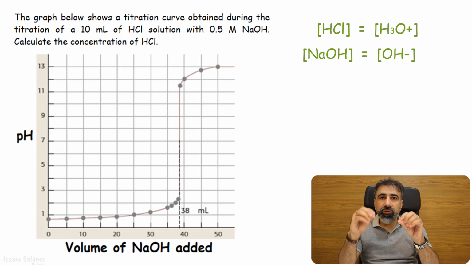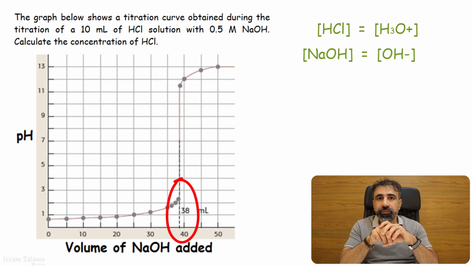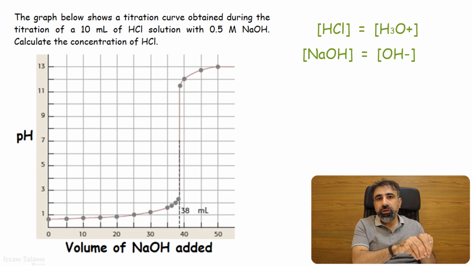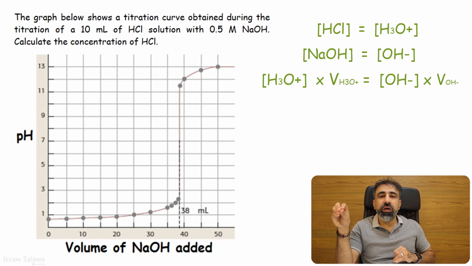At equivalence point, here we find that the pH is equal to 7. From the graph, when the pH is equal to 7, the volume added of the base is equal to 38 milliliters. So we apply the formula: concentration of hydronium ions multiplied by volume of hydronium ions equal to concentration of hydroxide ions multiplied by volume of hydroxide ions.